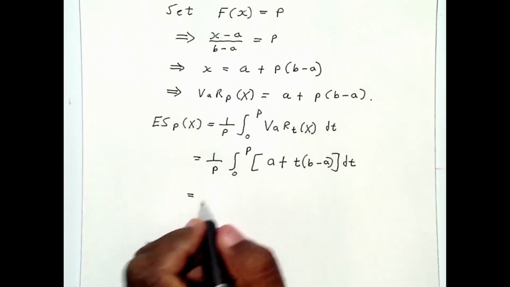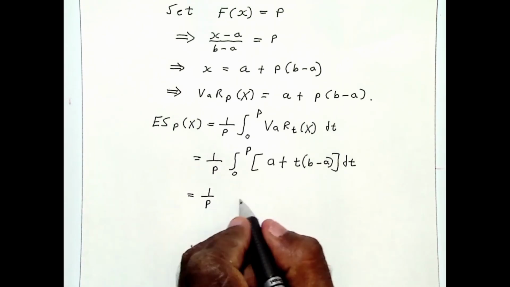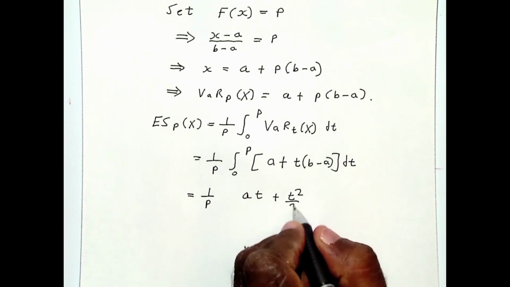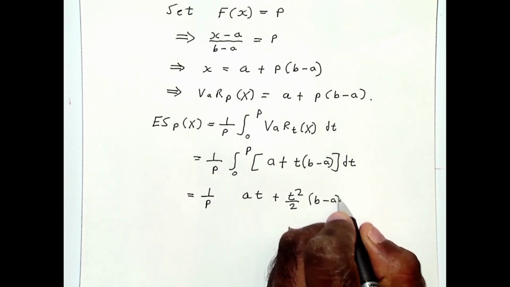Integration is easy, so you get 1 over p times a t plus t squared by 2 times b minus a.